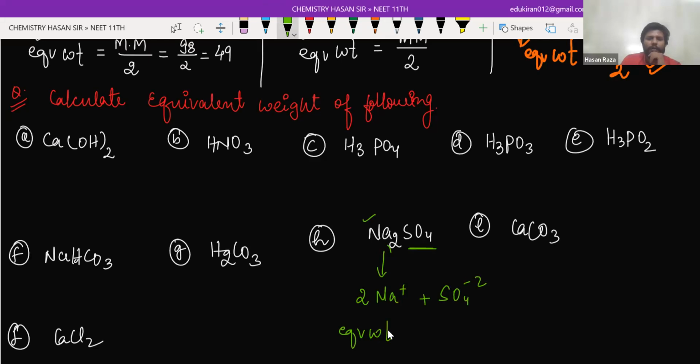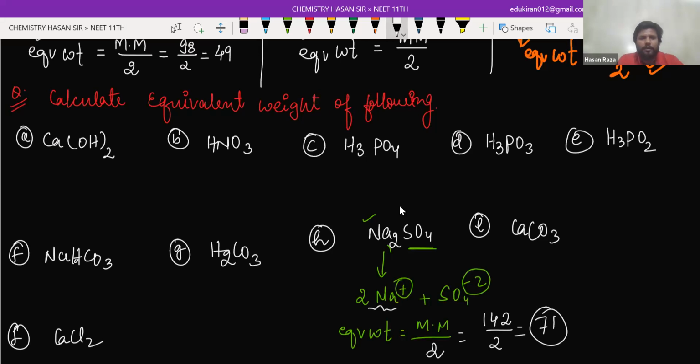So equivalent weight is equal to molar mass upon X. X is either the negative charge or the positive charge. One Na has one positive charge, 2 Na has plus 2 or minus 2. Na2SO4 has molar mass 142 divided by this. Sir, isn't it total negative and total positive, so it's 3? No, no. Either take the total positive charge, plus 2, or the total negative charge, minus 2, not 3.